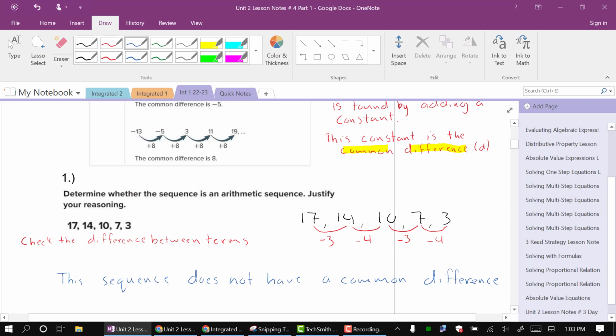It's not always -3 and it's not always -4. So it is not an arithmetic sequence.